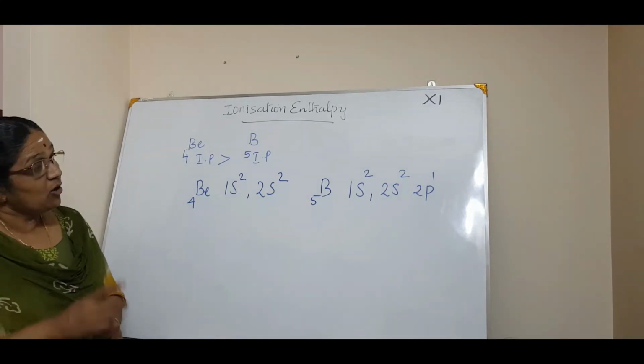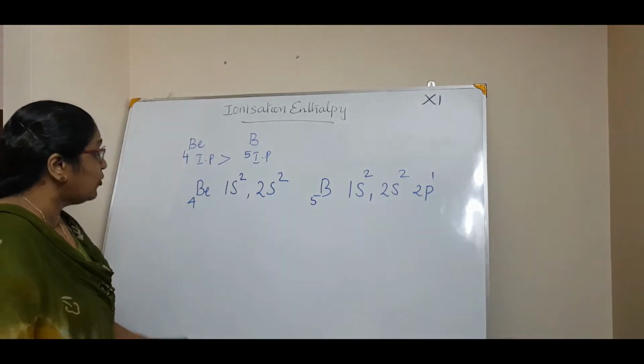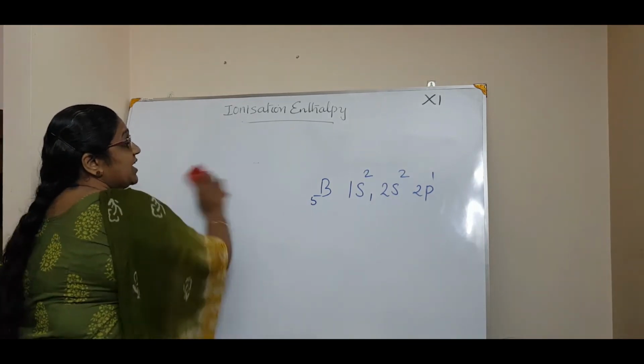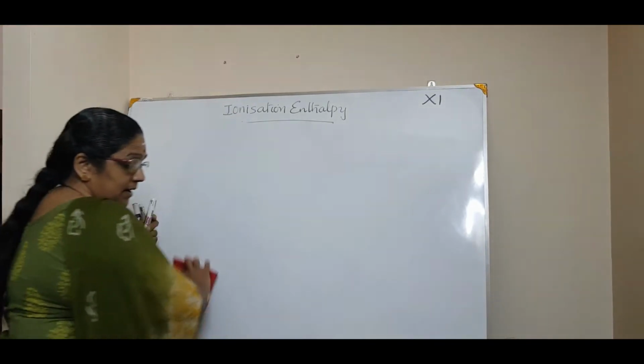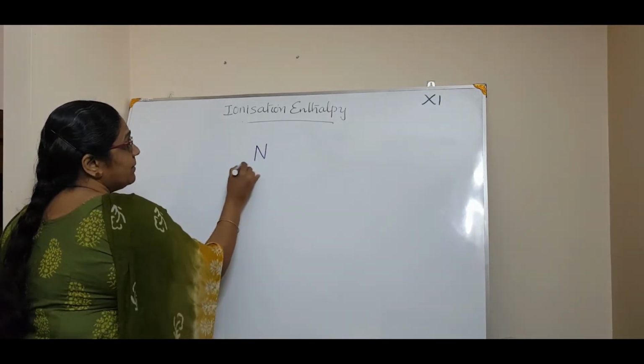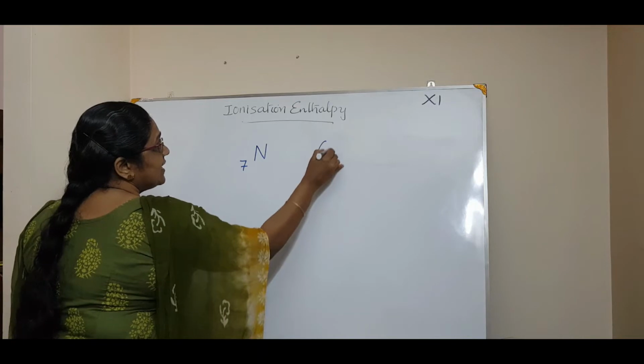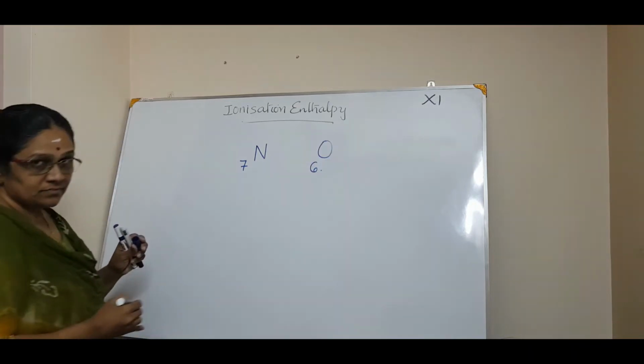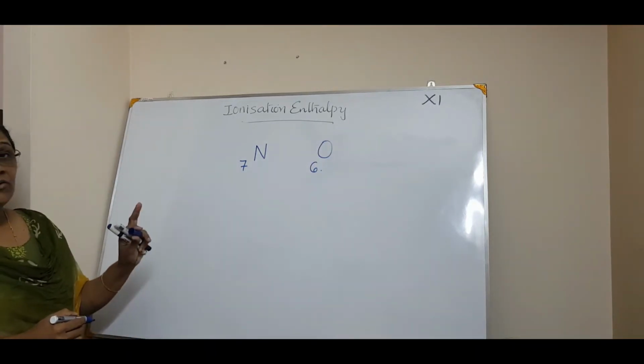Correct. Okay. Now one more example in the same way: nitrogen and oxygen. Nitrogen, the atomic number is 7, and oxygen, the atomic number is 8. Now, in the same way, write the configuration.